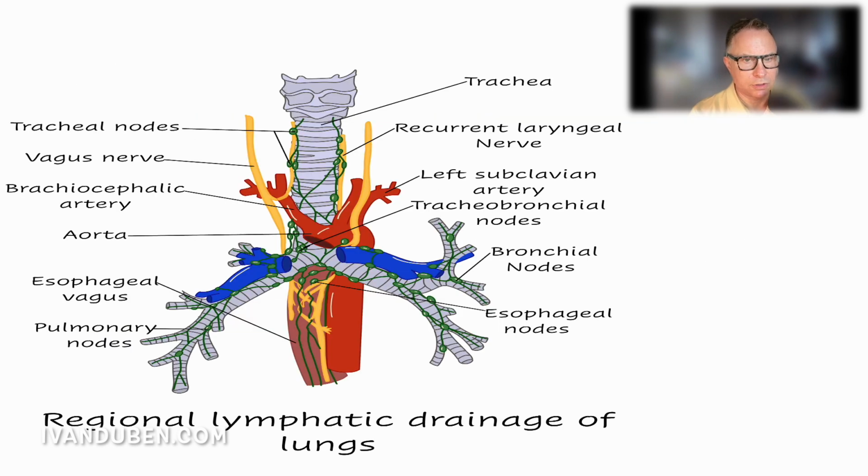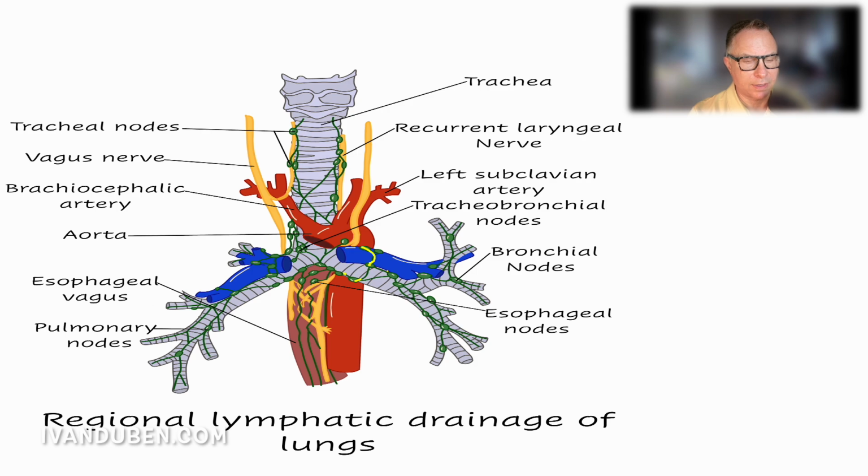Here's a good image showing us the bronchi coming off the trachea. And note the interwoven matrix of lymph nodes in the green here, interconnecting and actually wrapping around the bronchi, also wrapping around the venous angles.